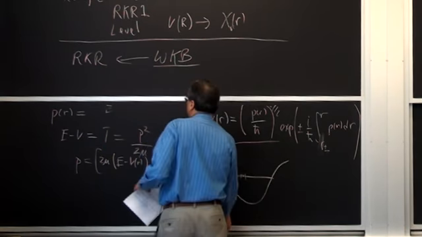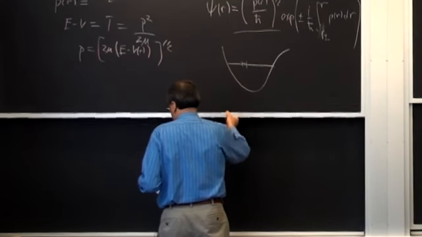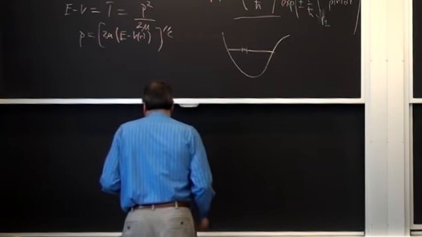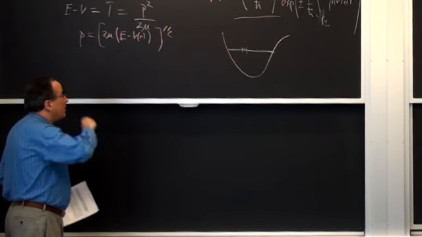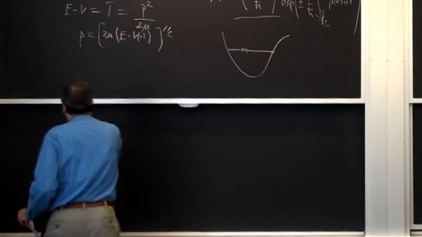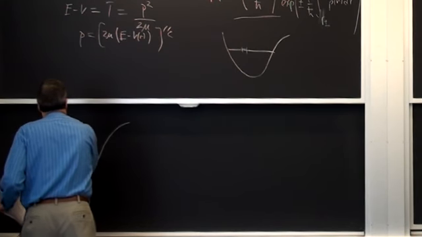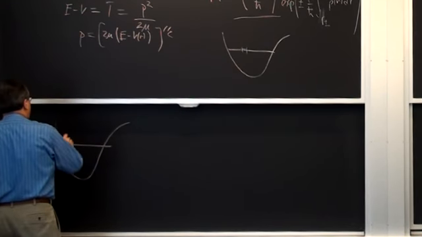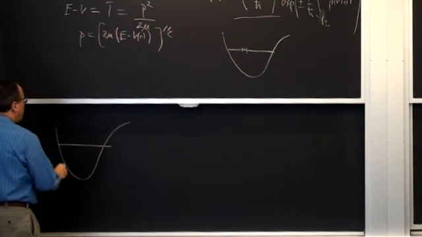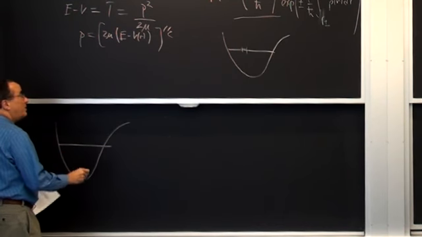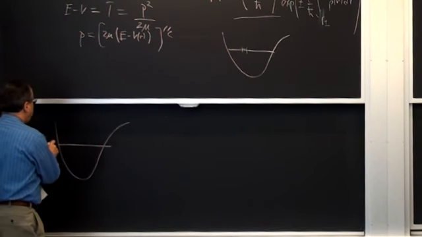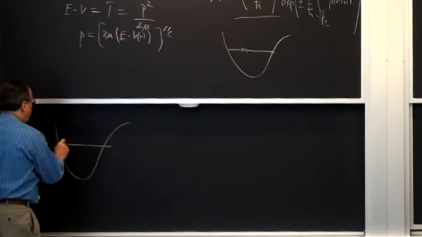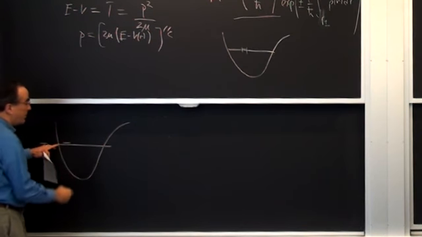Okay, so now we have a problem. We're at some energy, and we have a wave function, the WKB wave function, which turns out to be valid in a region of space not near a turning point.